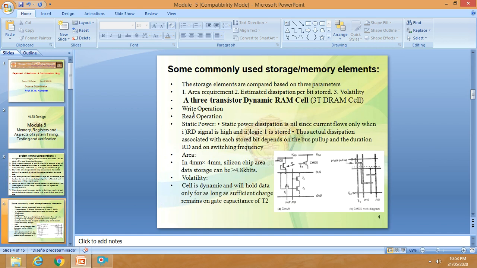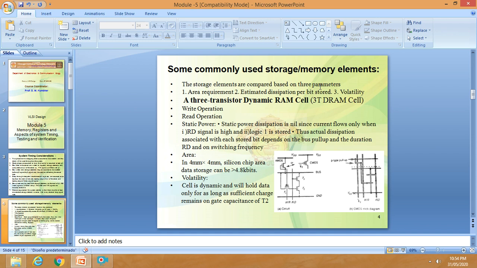Then we'll discuss some commonly used storage elements, starting with the 3 transistor dynamic cell. The storage elements are compared on 3 parameters.